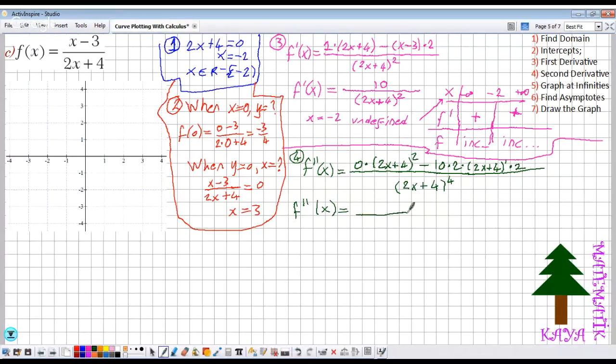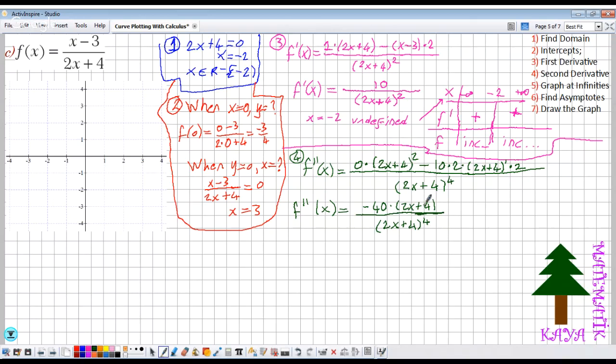equals, this part is going to be 0. The other side, 2 times 10, 20, times 2, 40. It's going to be minus 40 times 2x plus 4. And the denominator, 2x plus 4 to the power of 4.